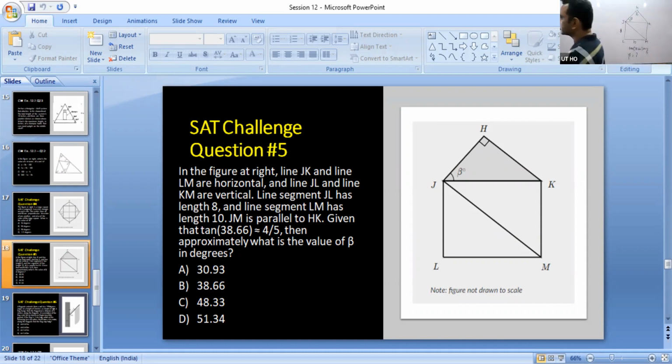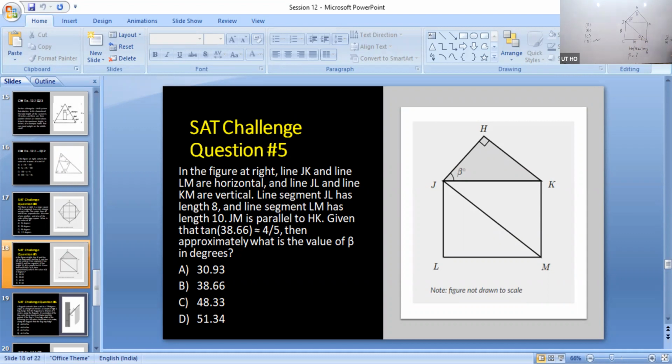If you observe 4/5, and this says 8 and 10, that means if you take the ratio 8/10, that is nothing but 4/5. So for this triangle, let's say this is theta.